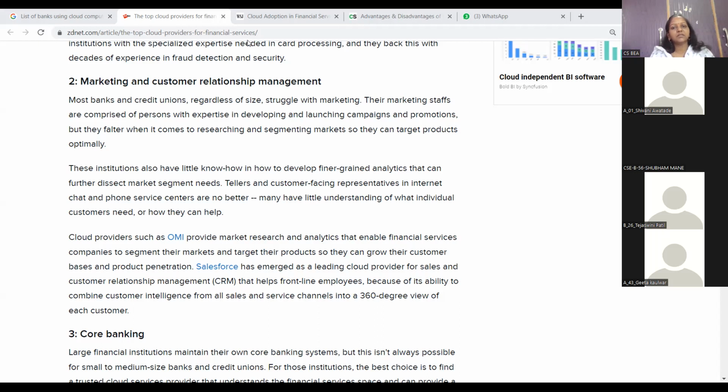Tellers and customer-facing representatives in internet chat and phone service centers are no better. Many have little understanding of what the individual customer needs or how they can help.